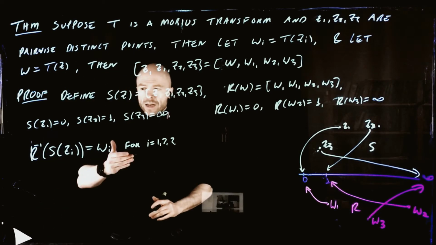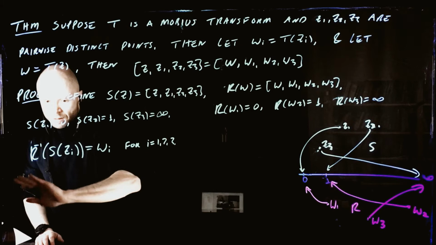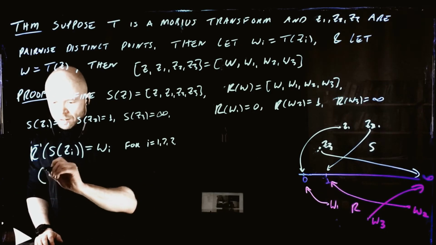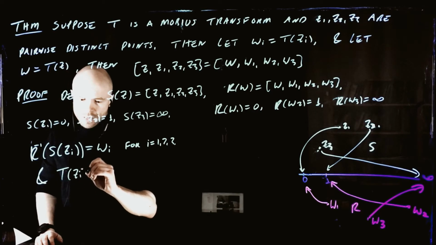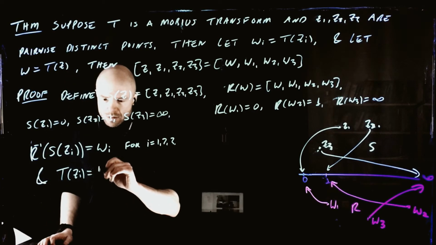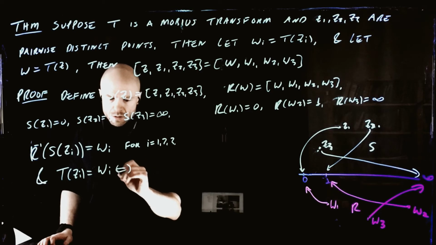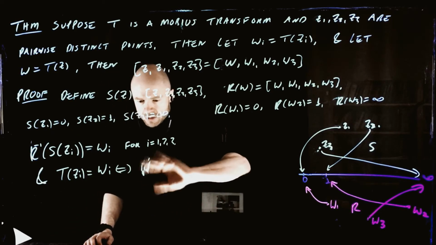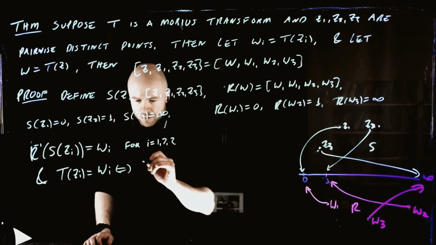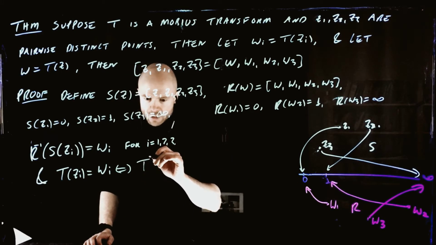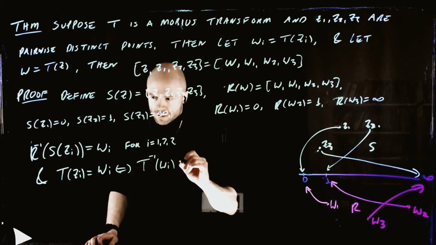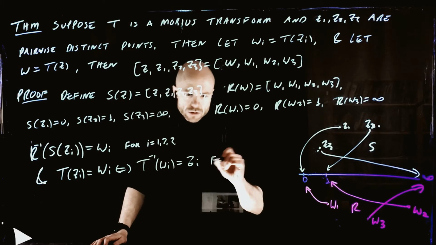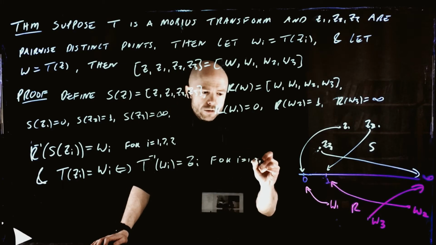that means that if we write this underneath it as well, T of Zi equals Wi, which is the same as saying that T inverse, again, it's a non-trivial mapping because it's sending distinct things to distinct things, T inverse of Wi is equal to Zi, for i equals 1, 2, 3.